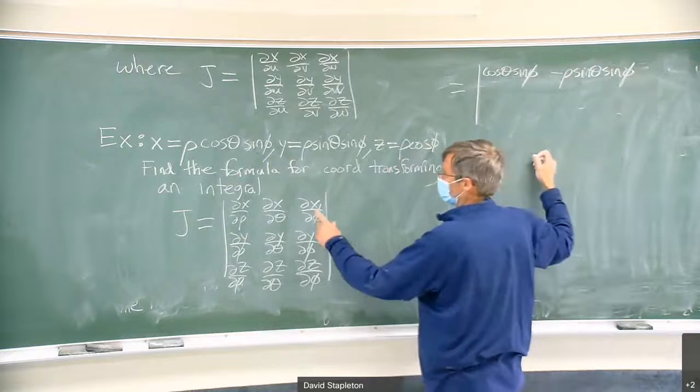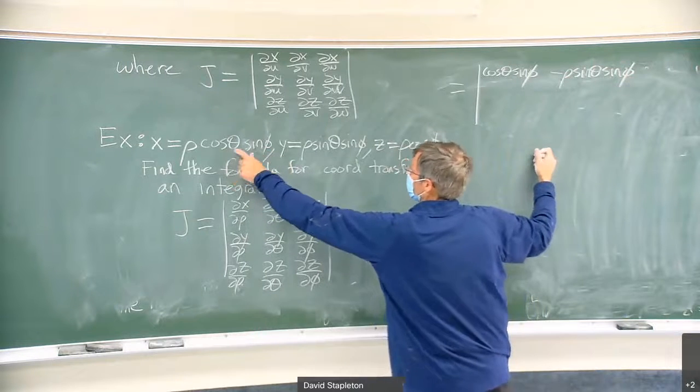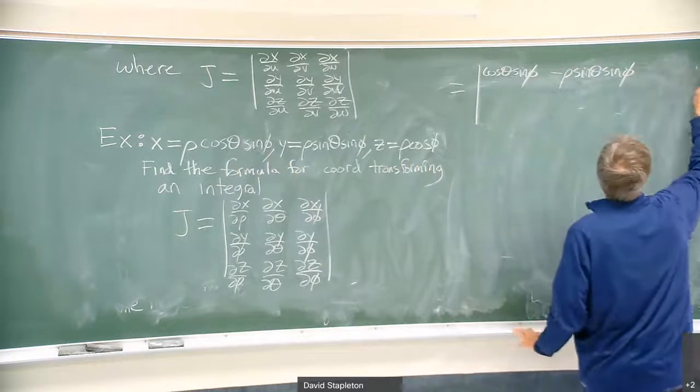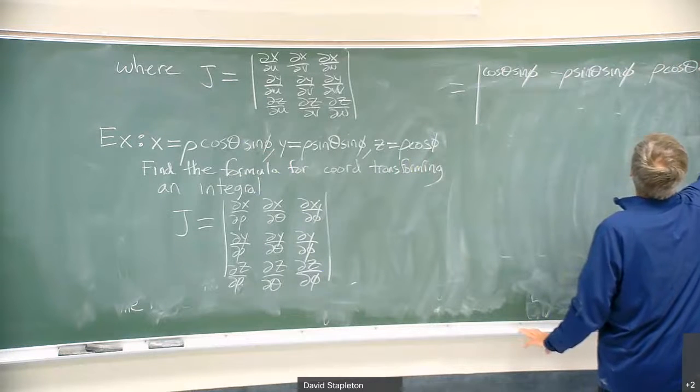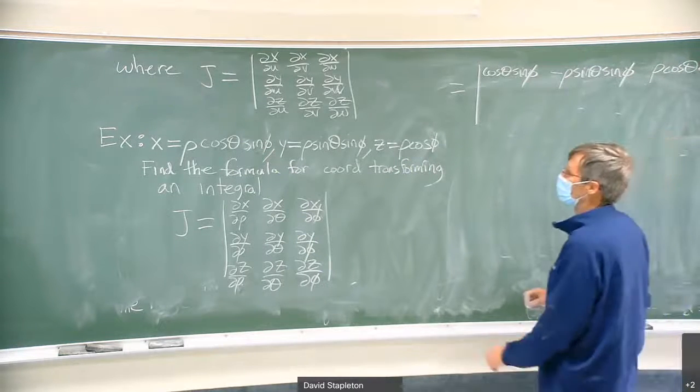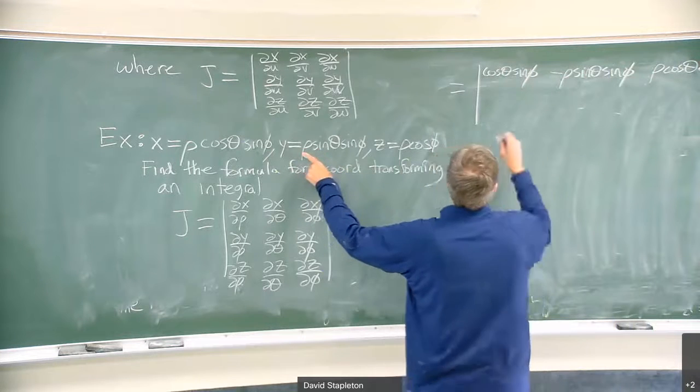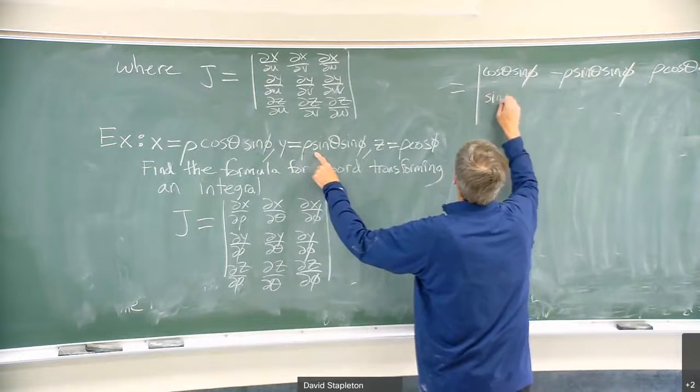And then dx d phi is rho cosine theta cosine phi. Then the second row, dy d rho is sine theta sine phi.